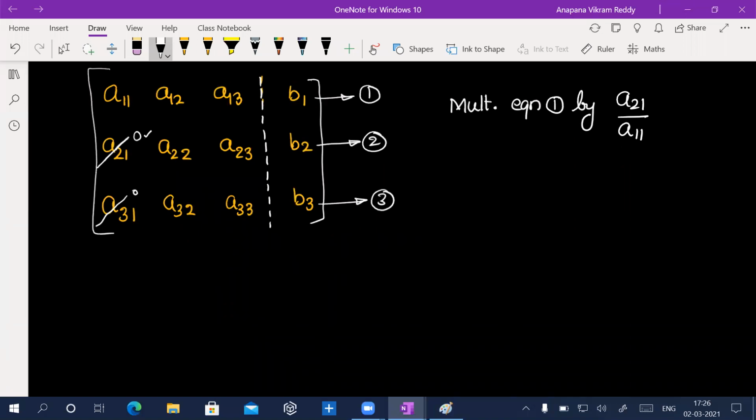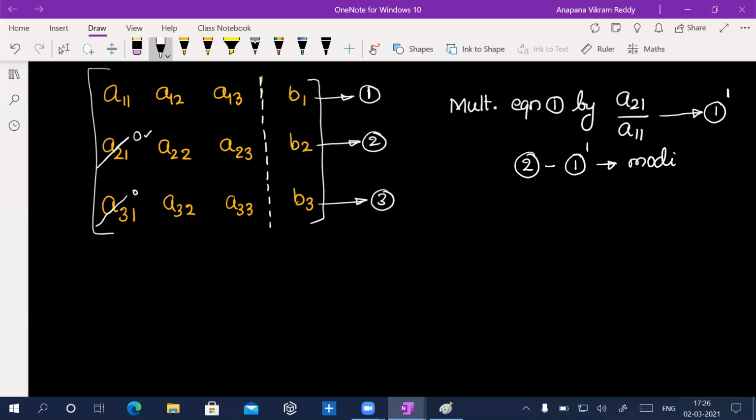Then say this is equation 1 prime. This is equation number 1. This is equation 1 prime. Now you have to subtract this 1 prime from equation number 2, and you'll be having the modified second row.